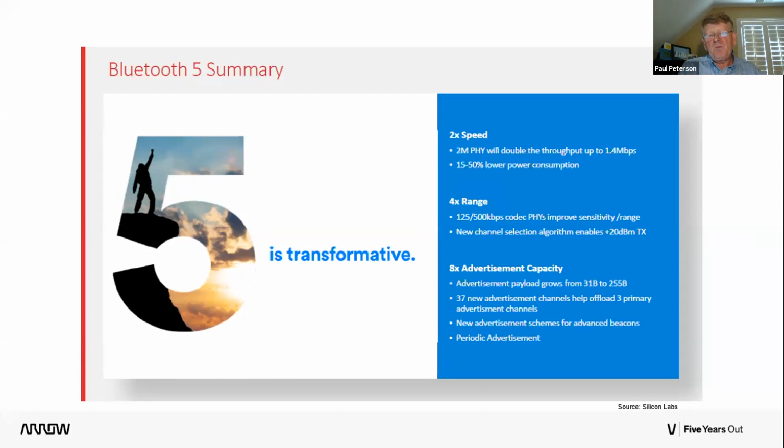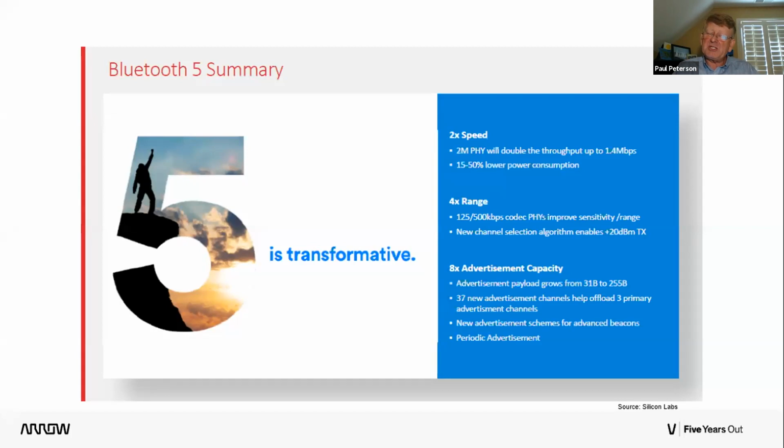What's interesting is we've also increased the data capacity in what they call the advertisement payload. This is important for many IoT implementations, because this 255 bytes allows us to seamlessly transmit a fair amount of sensor data in simple Bluetooth beacon packets, or advertisement packets.